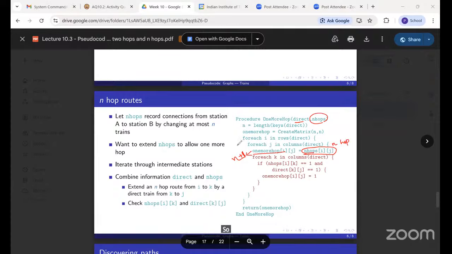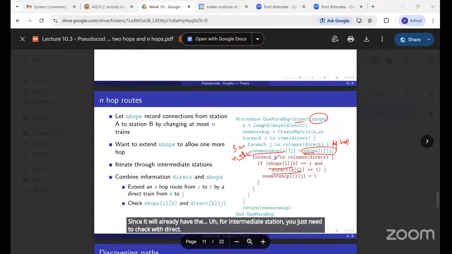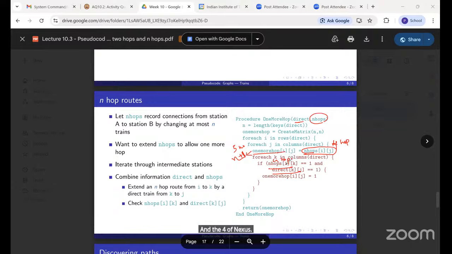So for example, if you want to find a 5-hop matrices, you take a copy of 4-hop matrices. Since it will already have the 4 intermediate stations, you just need to check with direct and the 4-hop matrices. It's similar to that, okay? And you just initialize.